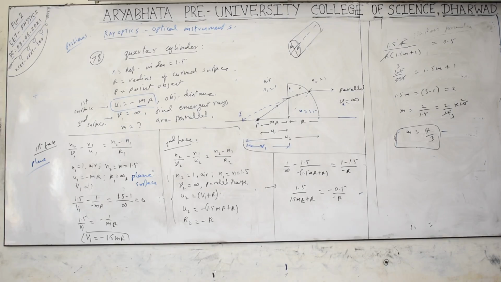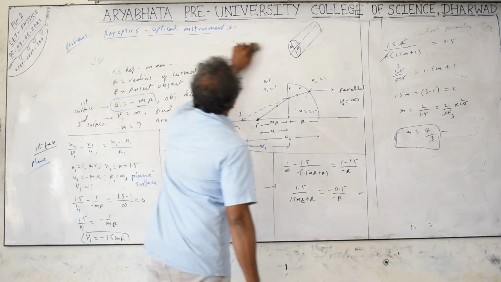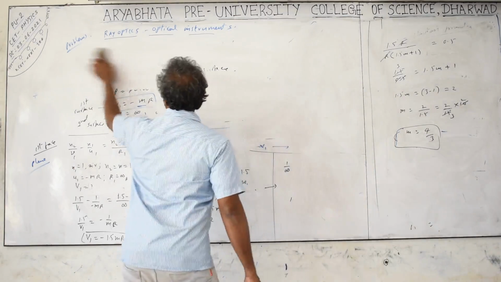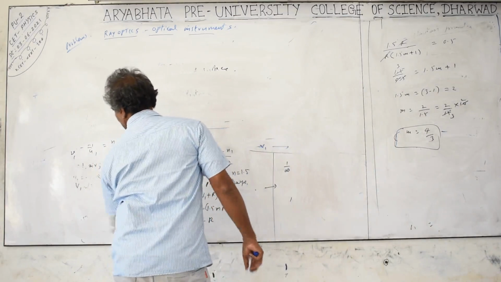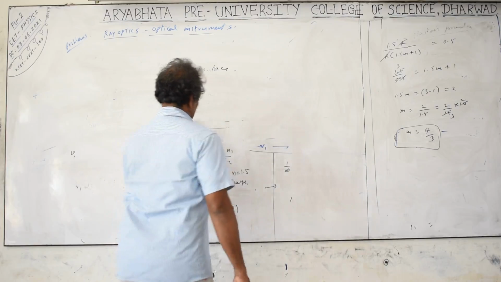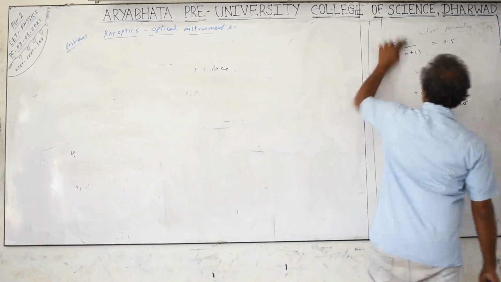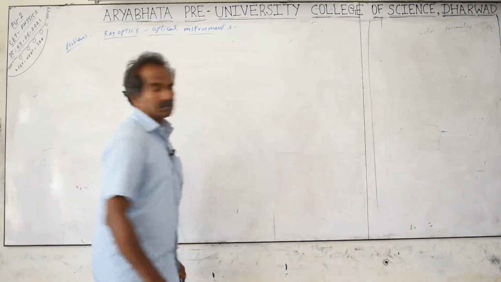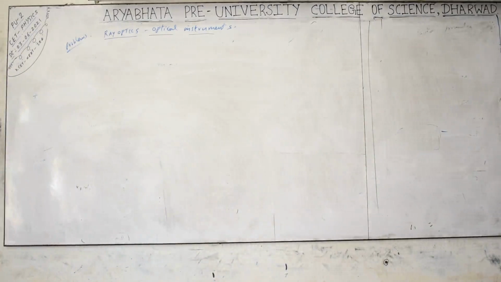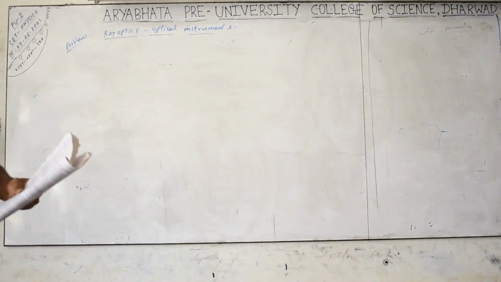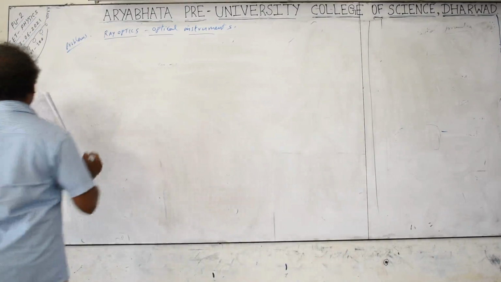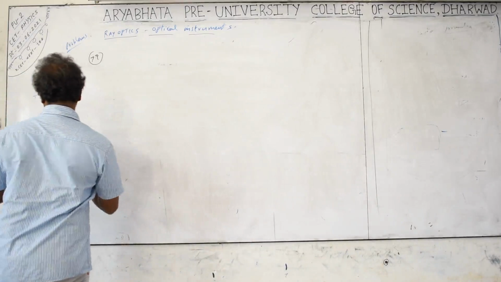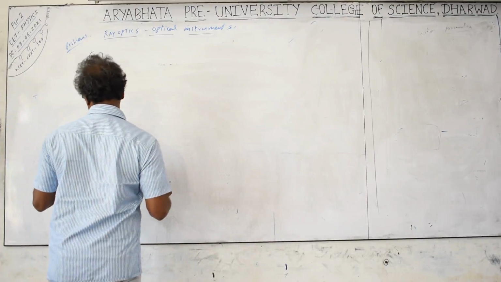Next question is 79. A uniform horizontal beam of light is incident on a prism as shown in the figure.